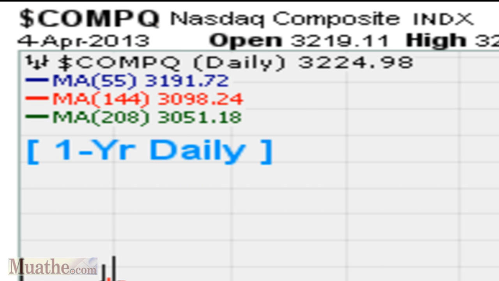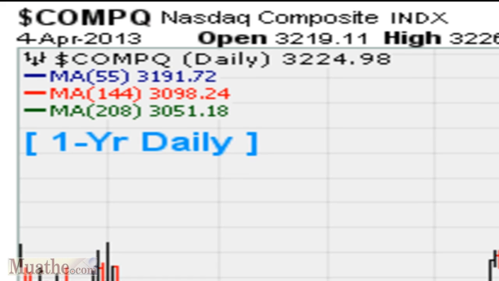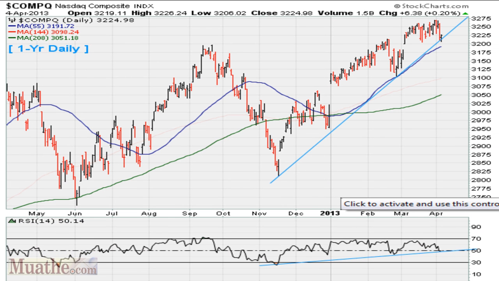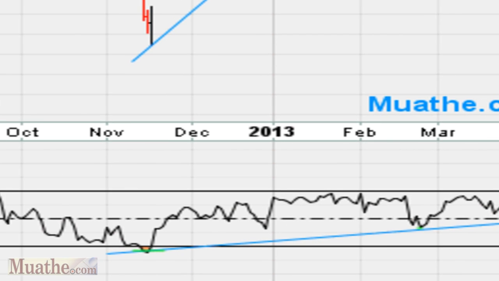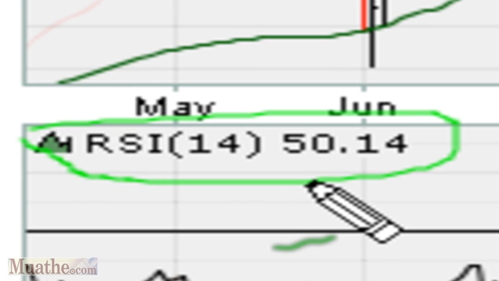The first one here is the Nasdaq Daily chart, and what you see here is we had the RSI showing signs of support on the daily. This line here was showing that there was support here, but what really happened is the market closed the Nasdaq at 50.14.